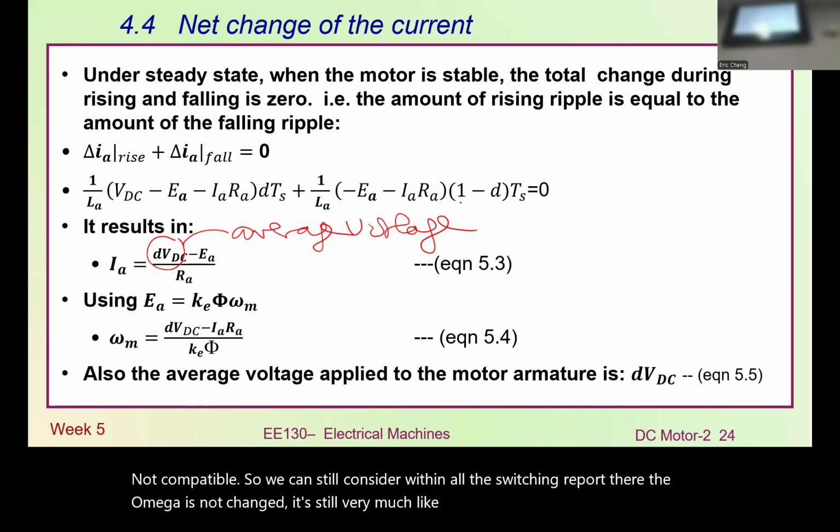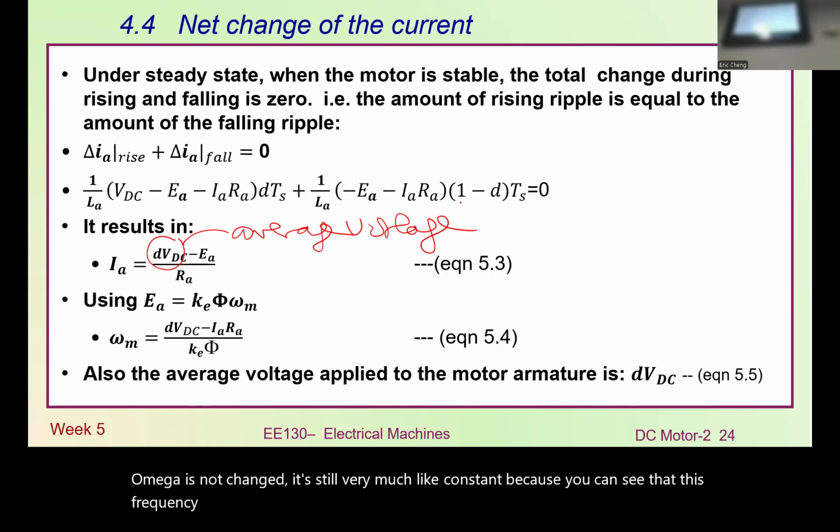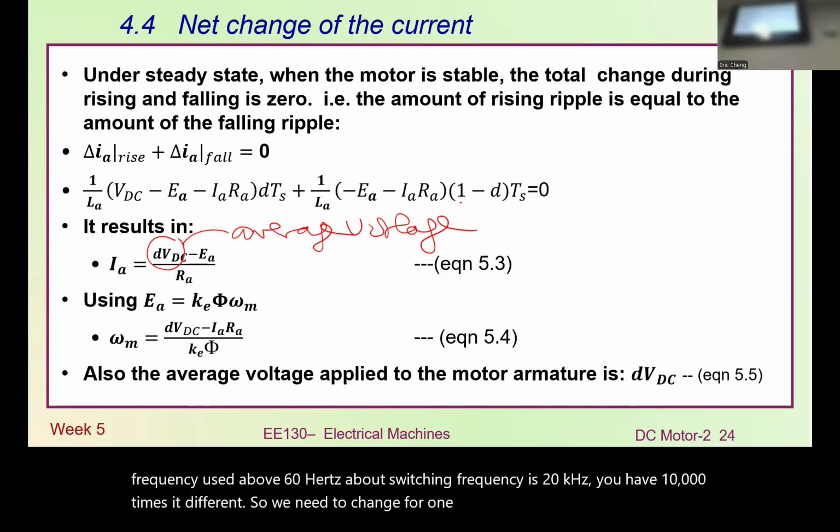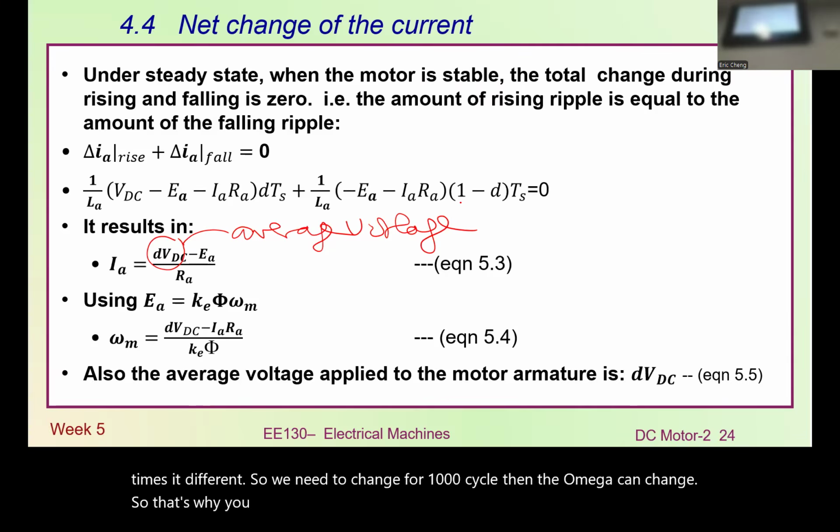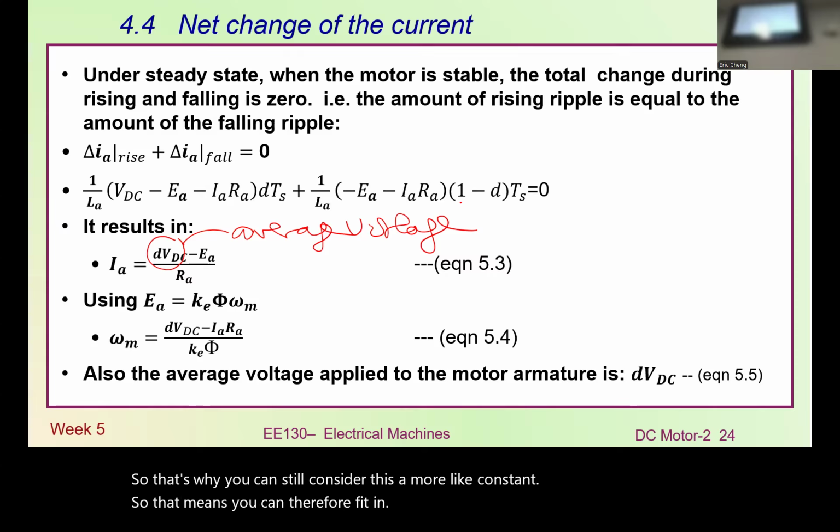You can see that this frequency is 60 Hz, while the switching frequency is 20 kHz, and 1,000 times different. So we need 1,000 cycles before the omega can change. That's why you can still consider this more like a constant. So using this equation, you can also work out the omega.